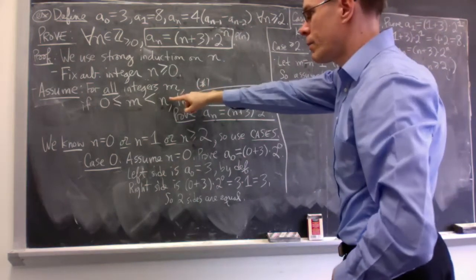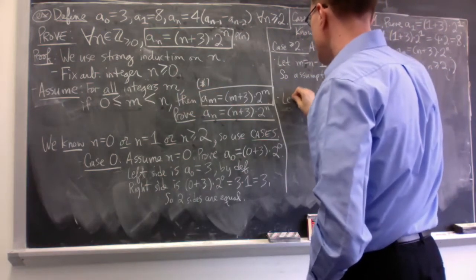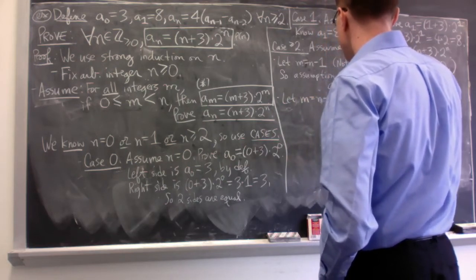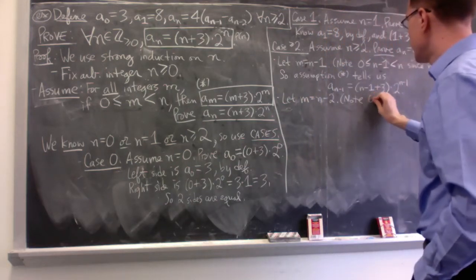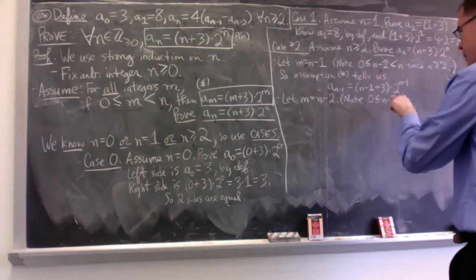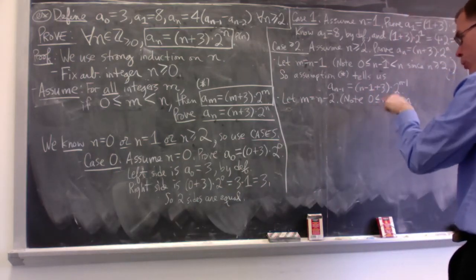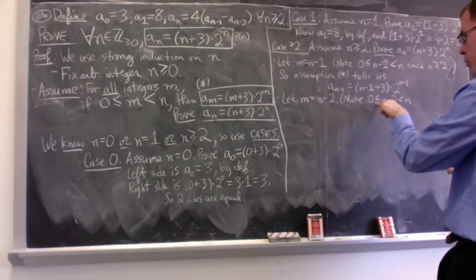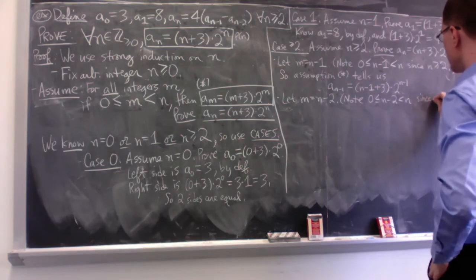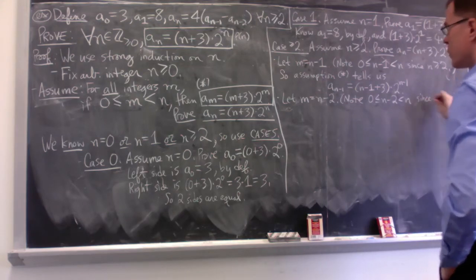Then I'm going to do the same thing with this one, so that you can get even more information out of this. So you can let n equal n minus 2. And again, you've got to worry, is it really going to work? Well, n minus 2 is strictly less than n, surely. But here, this 0 part, 0 less than or equal to n minus 2, only works because n is greater than or equal to 2. So you couldn't have done this.